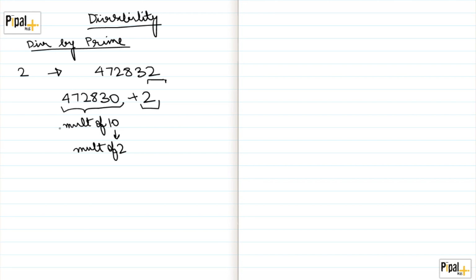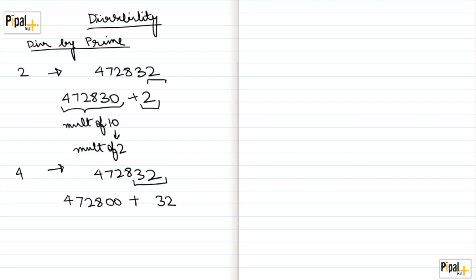Yeah. Now let's look at divisibility by 4. Now let's look at the same number 472832. This time I separate out the last two digits, right? And using the same logic above, I separate out 32, right? Now to form this number, I actually need to write 472800 plus 32, right?